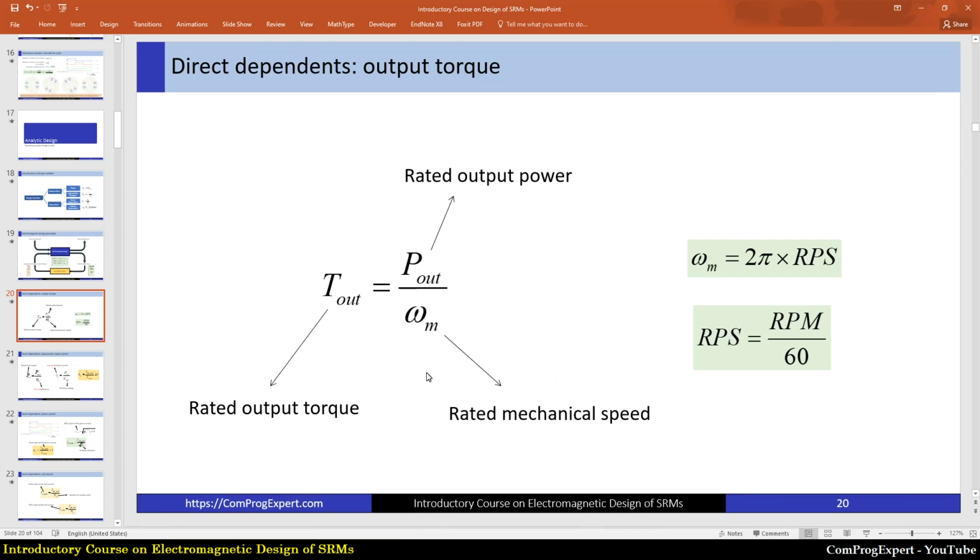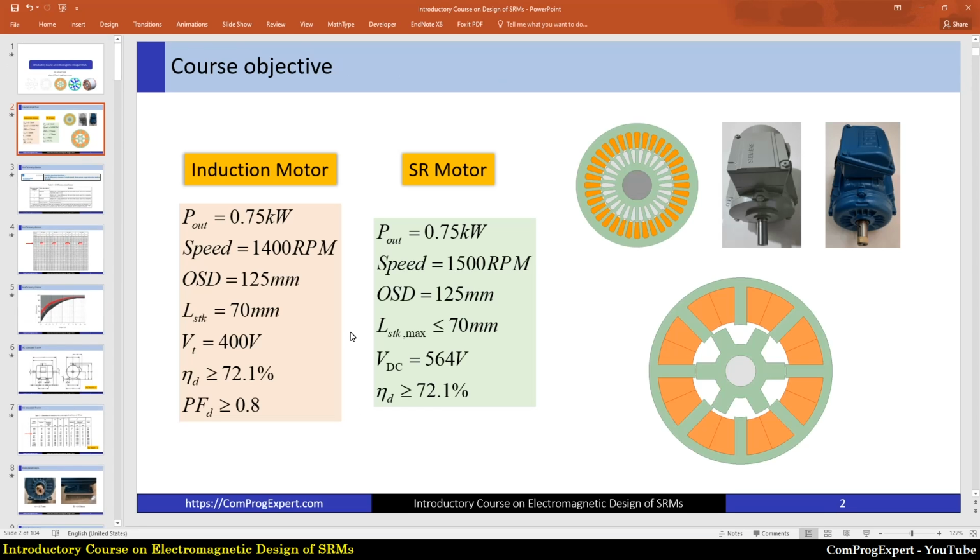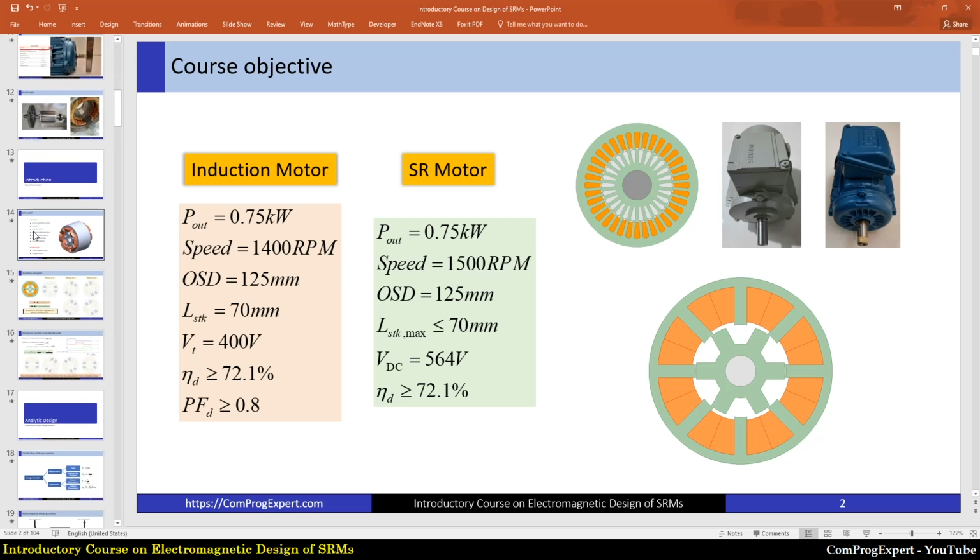So, the analytic design starts with the calculation of direct dependent variables. The first variable is the output torque. This is our aim. We are going to design this SR motor. The rated output power is 0.75 kilowatt, and this is the rated speed.